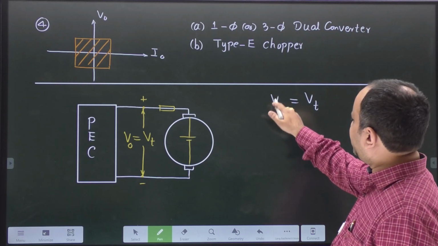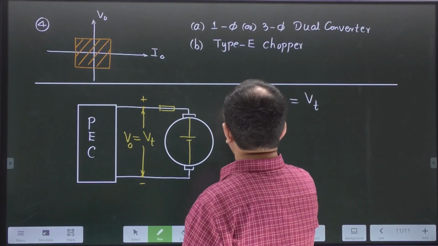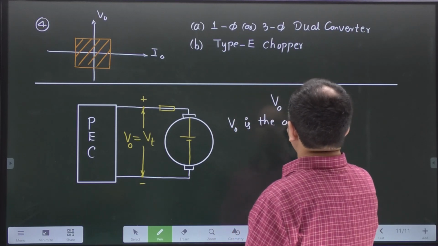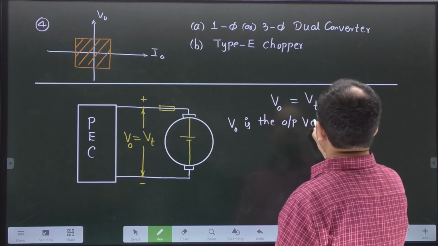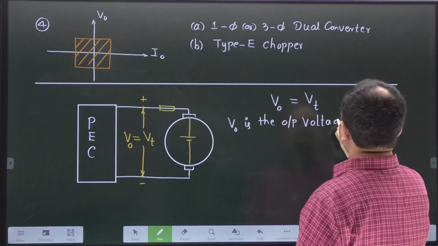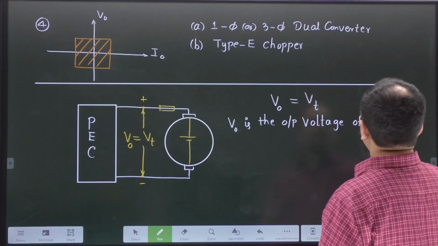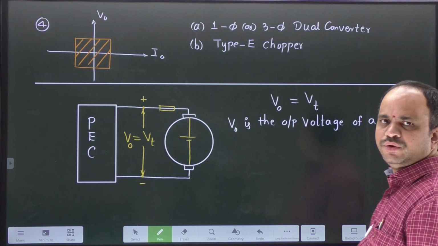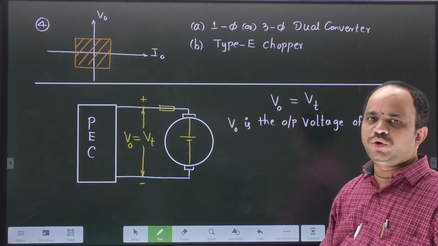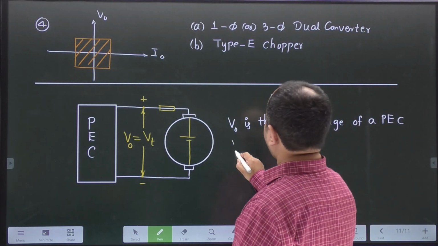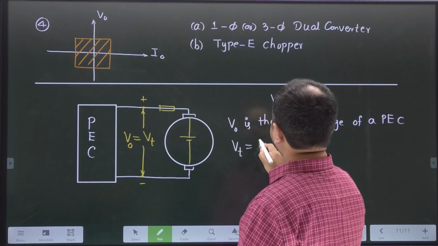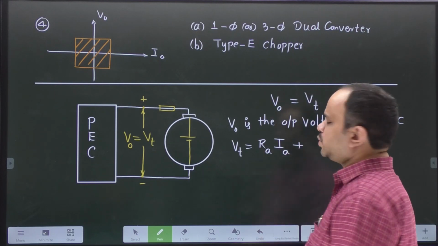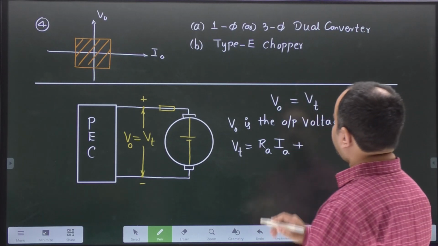So like that, V0 is the output voltage of a PEC, power electronic circuit. Vt is the terminal voltage of DC motor. How can you write down DC motor terminal voltage? In the steady state, RA into IA, where IA is average armature current.